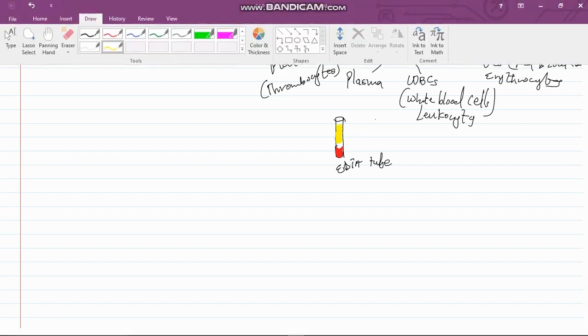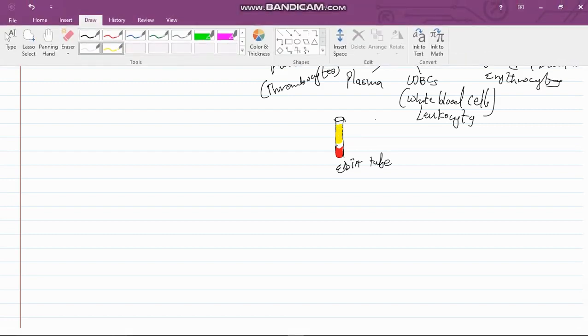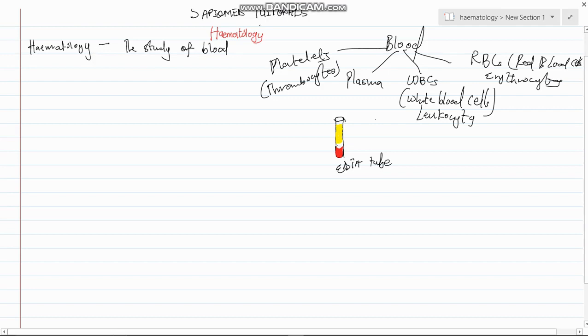Then we have the remaining being what we call the Buffy coat.